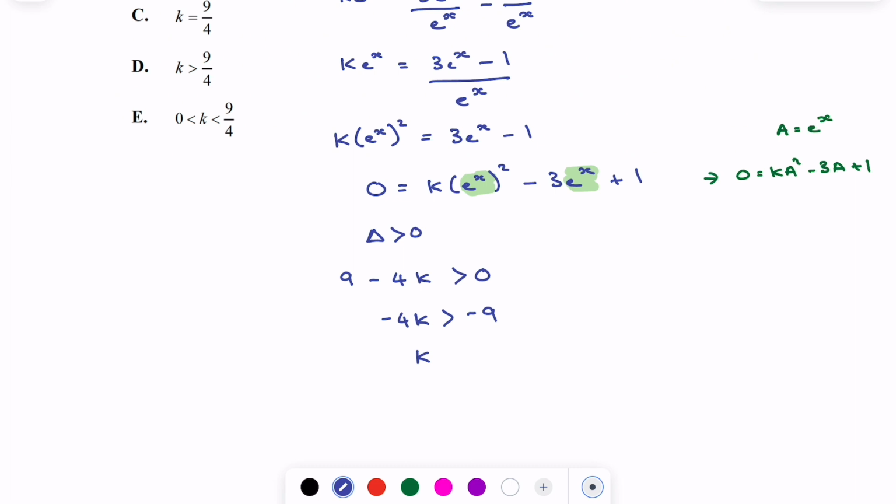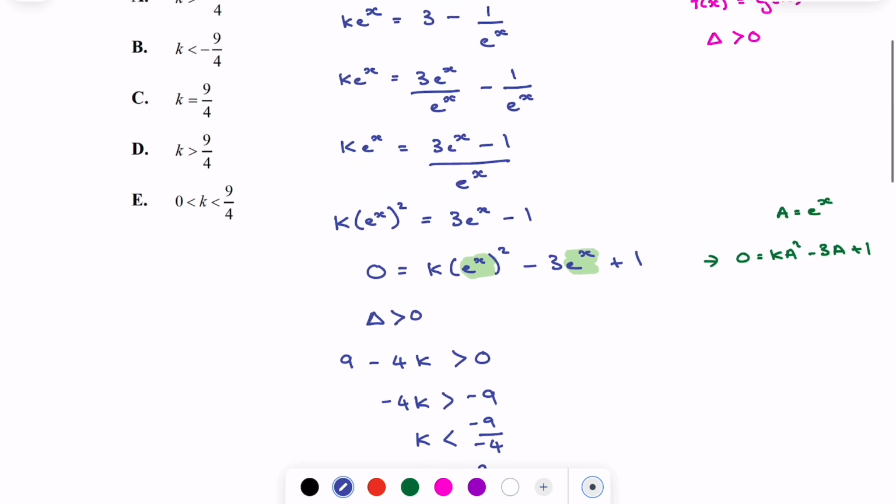And then when I shift, so just remember, when you divide or multiply across the inequality sign by a negative value, the inequality sign is going to switch. So I'm going to say that that is k negative 9 on negative 4, and I've switched the inequality sign, and k is less than 9 on 4.